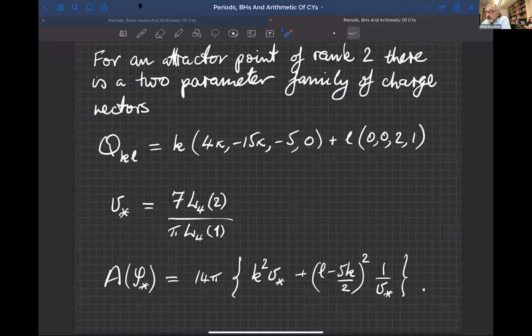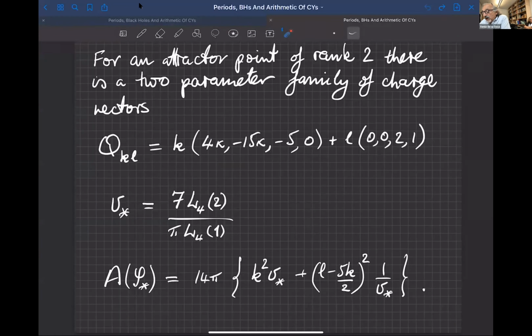So the two cases, you take combinations with integers k and l of these two basis vectors, you define, given that, you get a certain definite black hole, and that black hole has an area, and to describe that, it's useful to define a quantity V star, which is a ratio of these L values that we've been talking about.